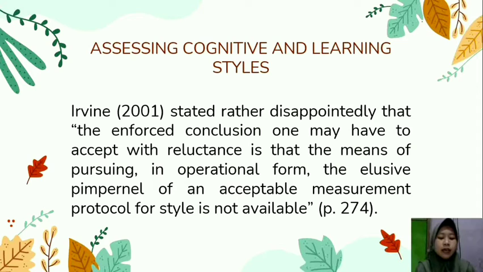Then, Riding and Rayner, 1998, emphasize several positive features of the CSA. It is an objective test in the sense that it is objectively scored and the respondents are not aware of the real focus of the assessment.